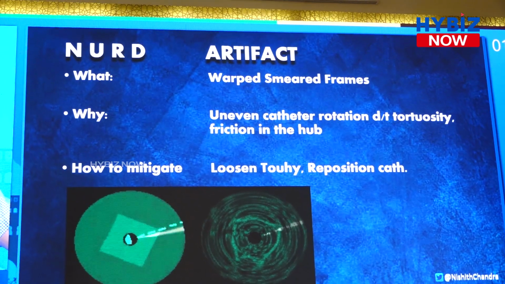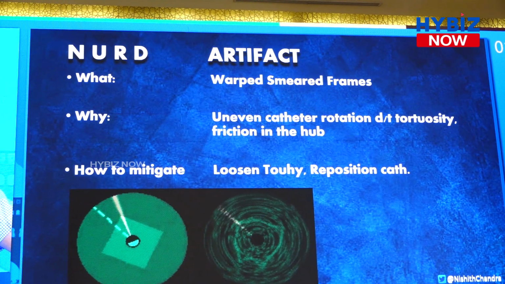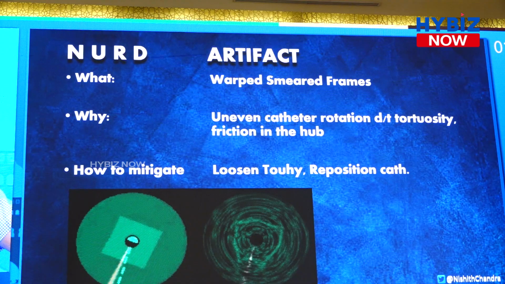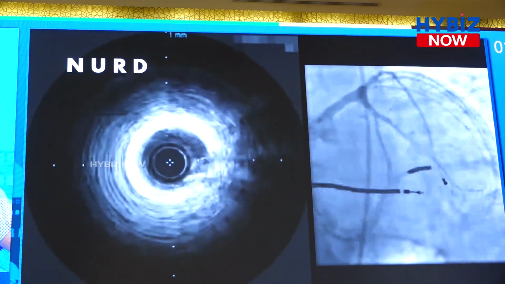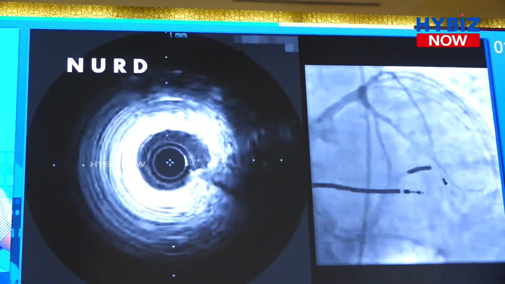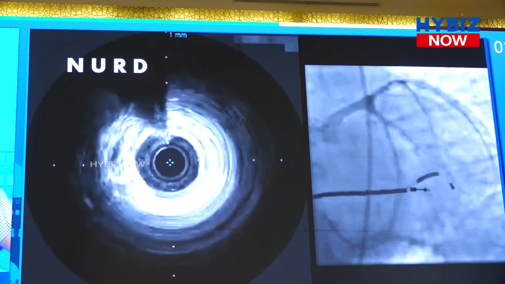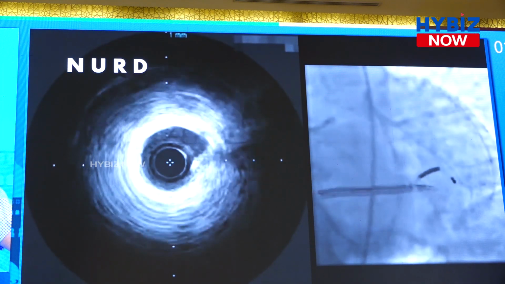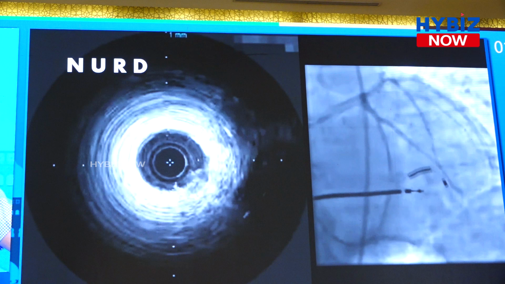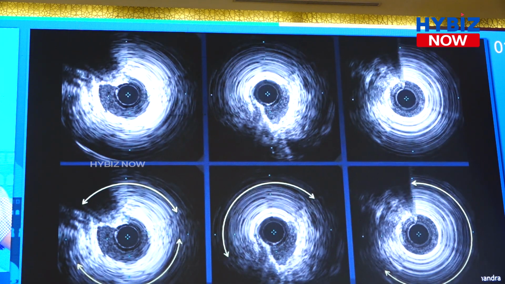Just loosen it, straighten the tortuosity, and the NURD will disappear. It appears as this warped, smear-like structure, most common in mechanical transducers. There are different types of NURD that you can see. You should discard them. Do not consider them in your evaluation.